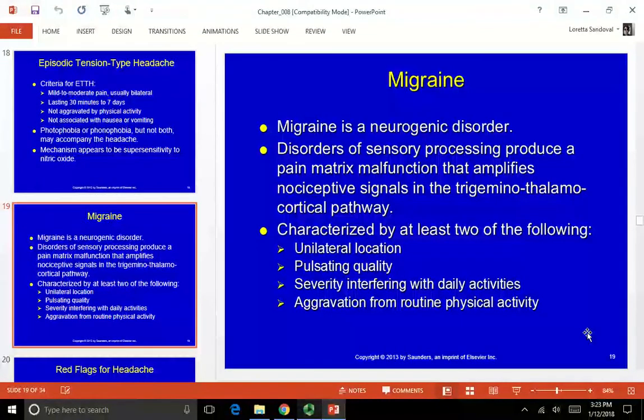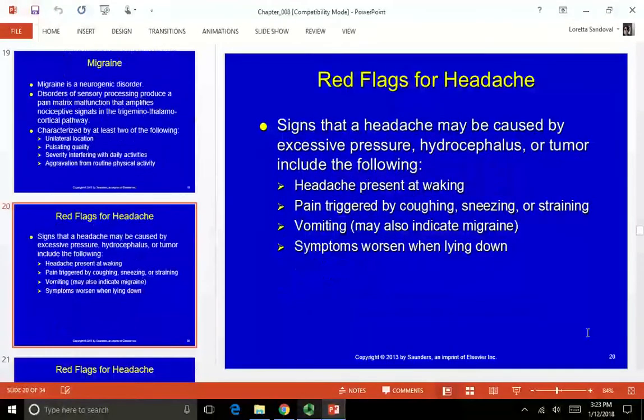It's characterized by at least 2 of the following symptoms: unilateral location as opposed to ETTH, which is bilateral, a pulsating quality, severity interfering with daily activities, so it's often aggravated by routine physical activity like walking your dog, taking care of your kids, getting out of bed. So that sort of thing.